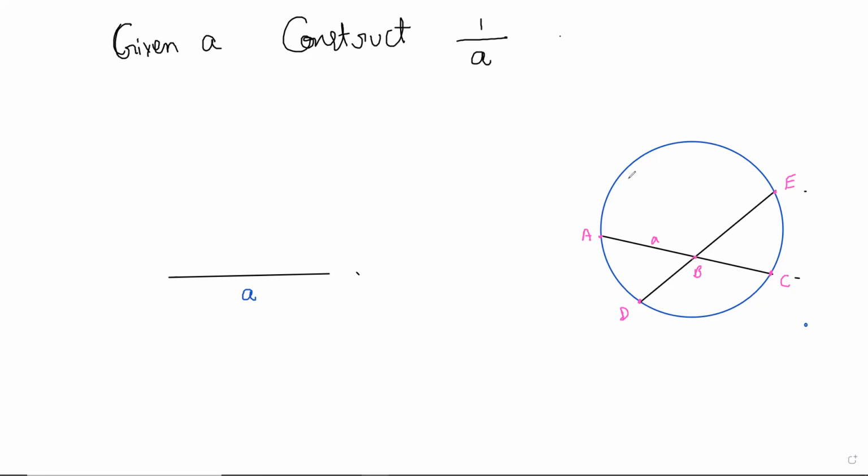maybe you can also write like this: A times BC is equal to DB times BE. You can write this because this may again help you to think what should I take as DB or BE so as to improve my chances.